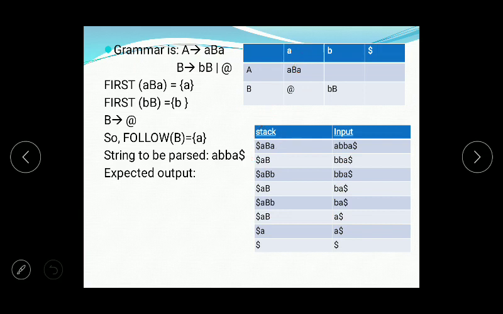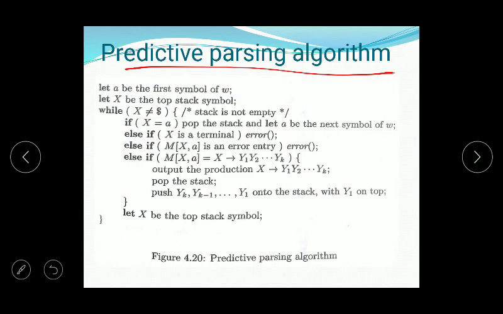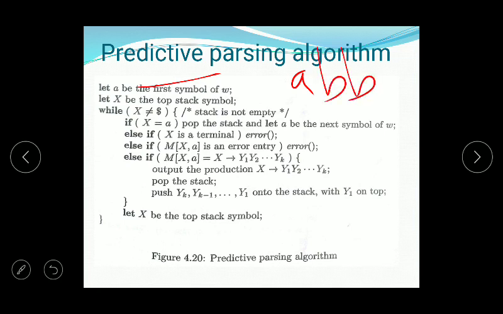Now let us consider this algorithm. Already I explained, once again, if you want to see the algorithm, yes, here is the algorithm. Let A be the first symbol of W, in our ABBA example, A is the first symbol. X be the top of stack symbol. That is, the first production is ABA, no?